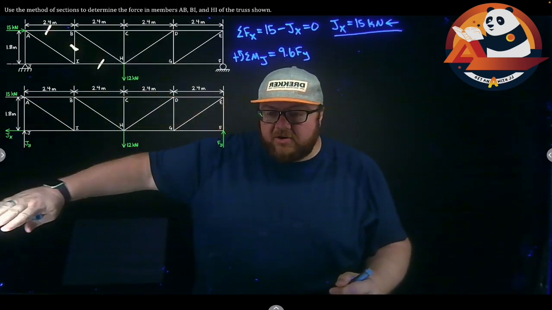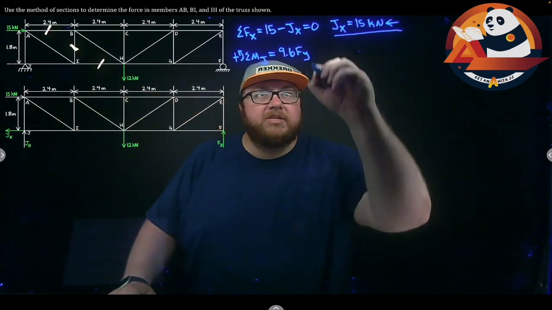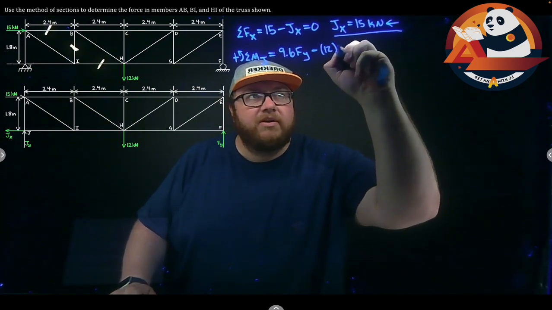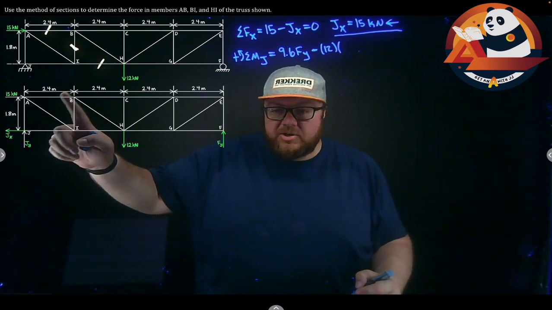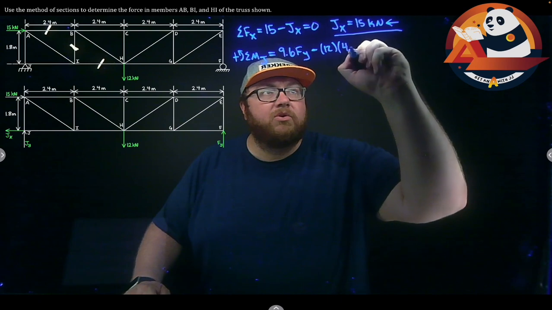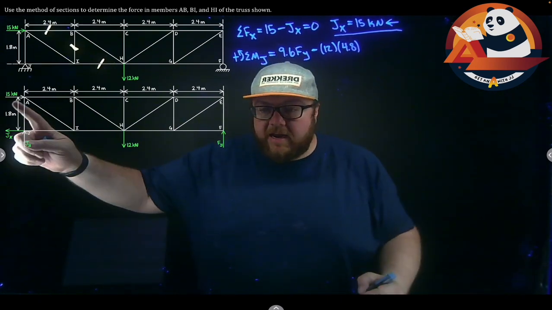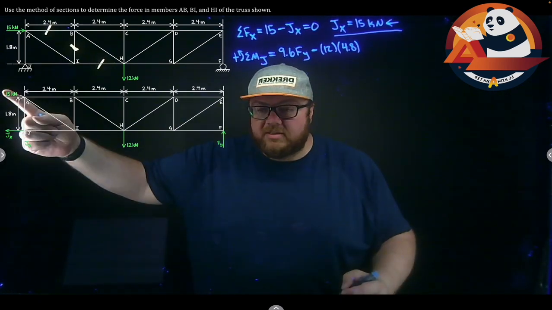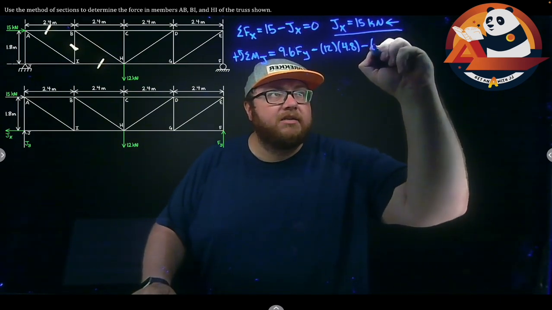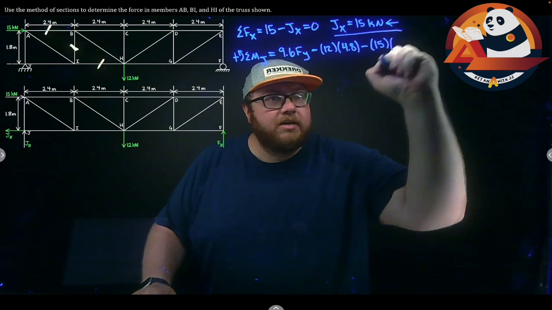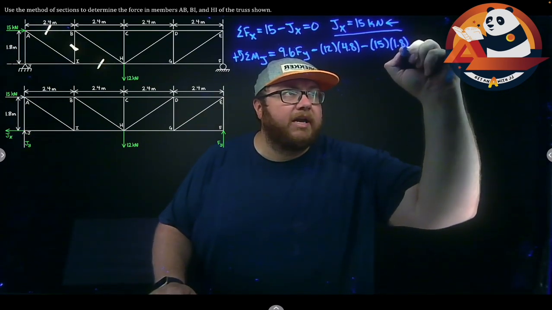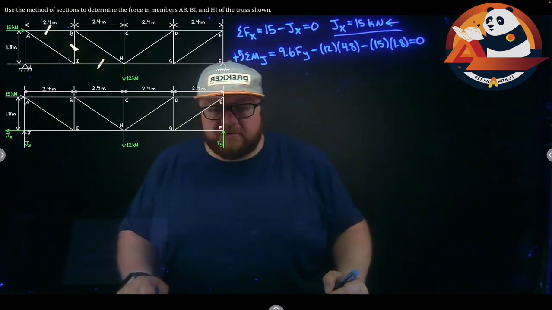My 12 kilonewtons at H is going to cause a clockwise rotation, so minus my force is 12 times my distance is 2.4 plus 2.4, 4.8, times 4.8. And at A, I have a 15 kilonewton force. It would also cause a clockwise rotation, so minus force is 15 times my distance, 1.8, times 1.8 gets us to 0.